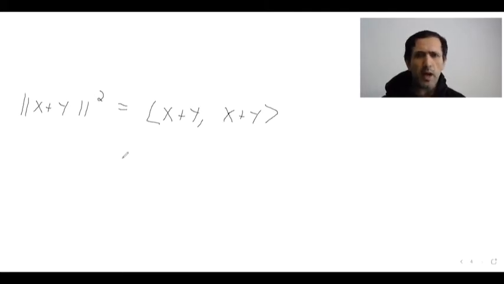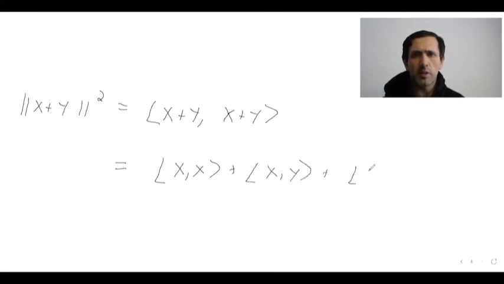Okay, so now just use property 2. This is going to be (x, x) plus (x, y) plus (y, x) plus (y, y). And of course, (y, x) is going to be the conjugate of (x, y).